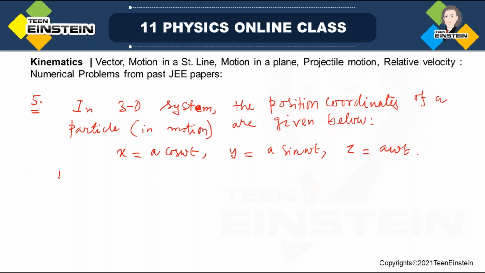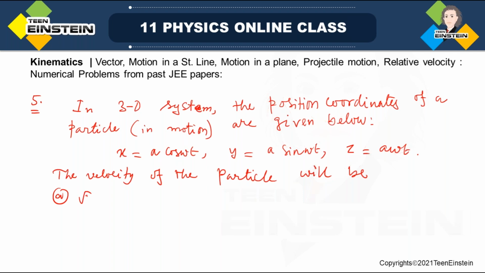The velocity of the particle will be: option A, root 2 into a omega; option B, 2a omega; option C is a omega; and option D is root 3 a omega.